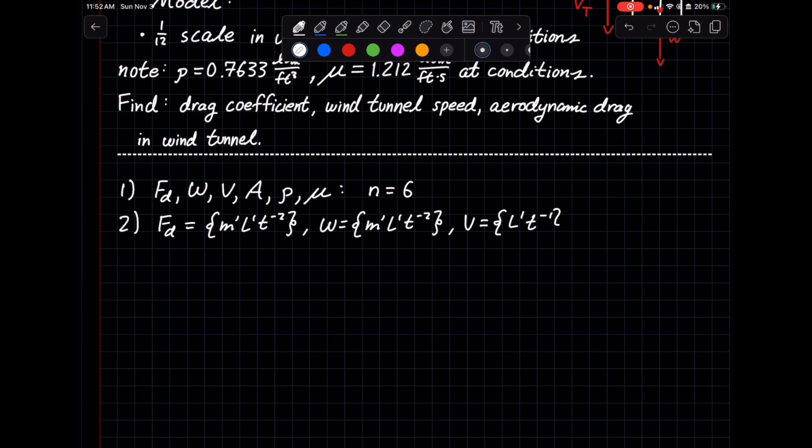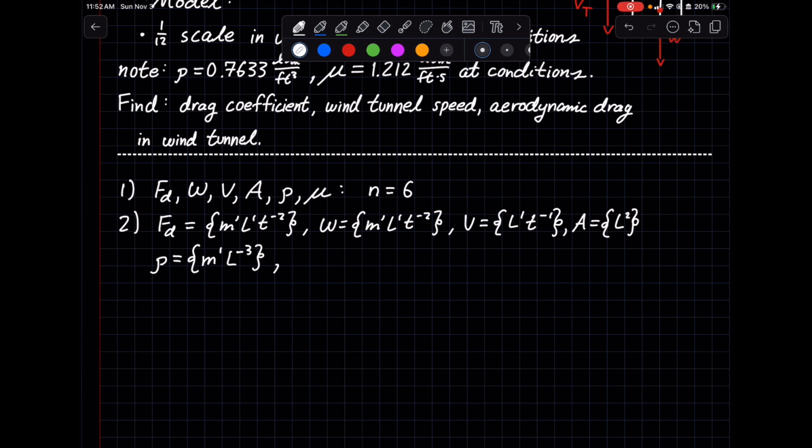Our area is just L squared, as we discussed before: cross-sectional area is length times width, just two lengths put together, L squared. Our density is going to be a mass, so mass to the first power multiplied by length to the -3, because kilograms over cubic meters is an example of that.